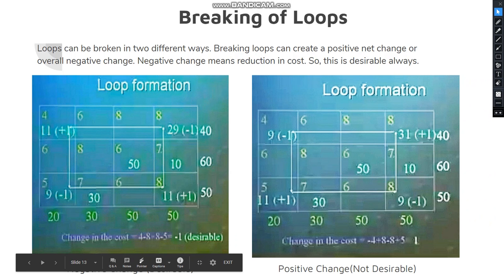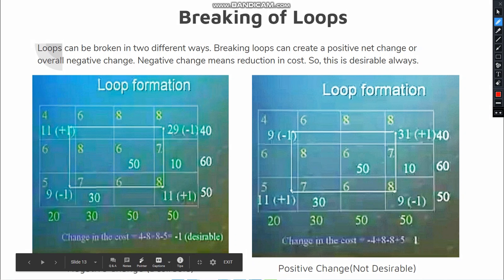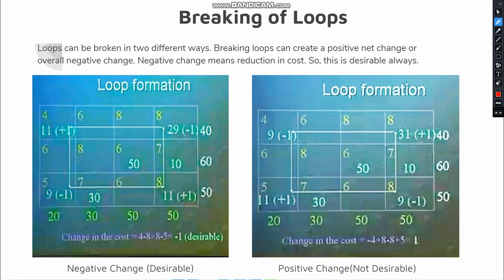Here, see, in both the cases the loops are present. Now what is depicted in this image: a single quantity has been increased here. When this single quantity is increased, obviously 30 was previously allocated, it was 10 earlier.